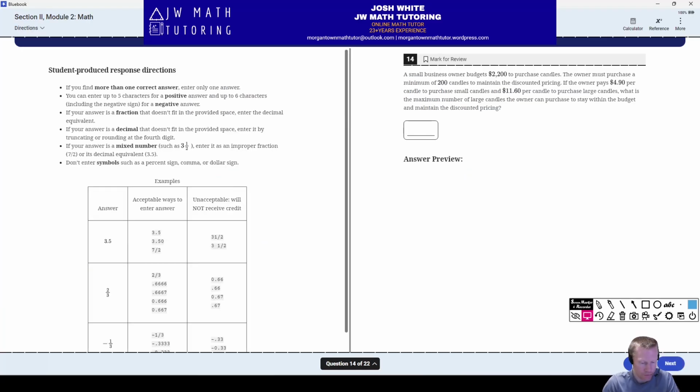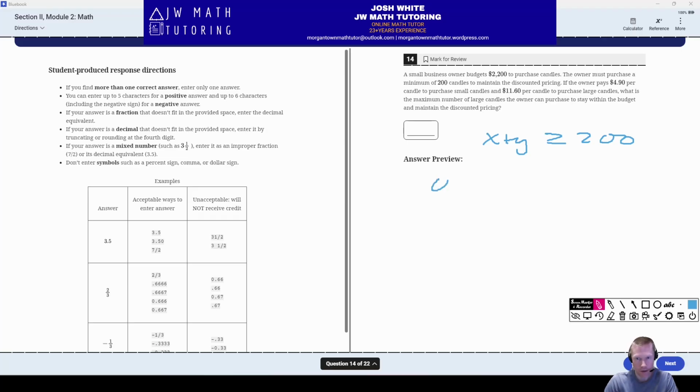All right, next up, question 14. Here we have basically a mix of a linear inequality, but also sort of an equation. So the inequality you have is basically like say x plus y is greater than or equal to 200 because you have the minimum of 200 candles to get this pricing. So therefore, number of small candles plus number of large candles is greater than or equal to 200.